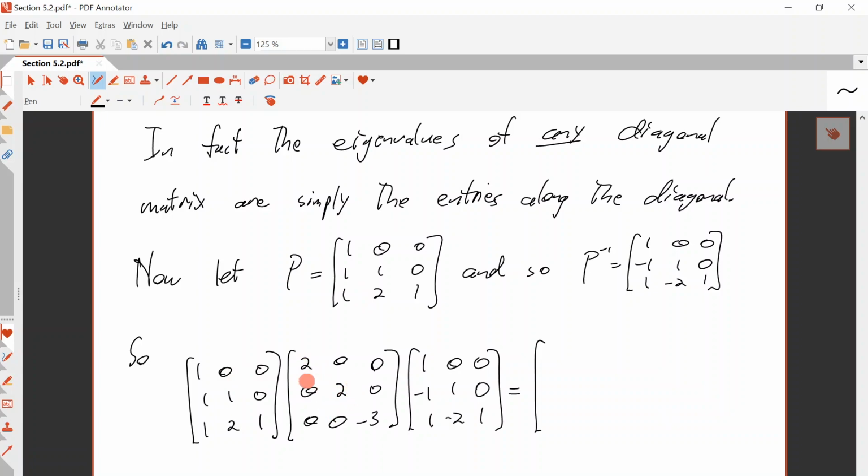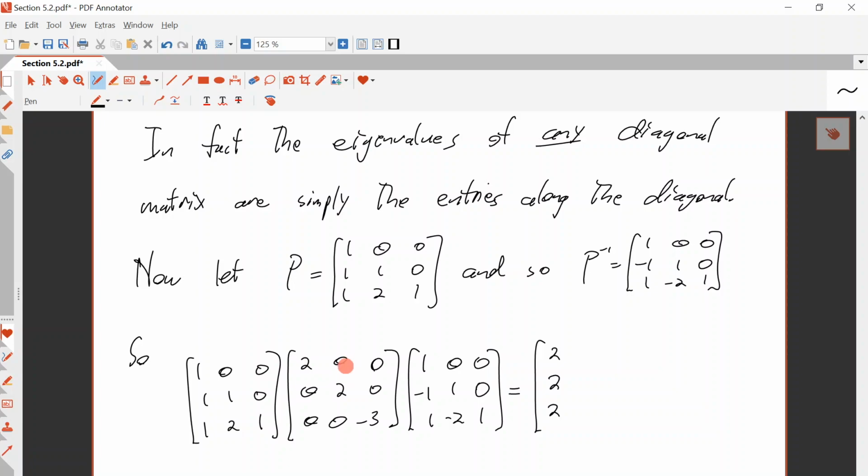Oops, that's a 2. When you multiply the diagonal matrix, the first column is on the left. The first column is going to be 2 times the first column here. So that's 2, 2, 2, right? First row, first column is 2 plus 0 plus 0. Second column is 2, 2, 0.